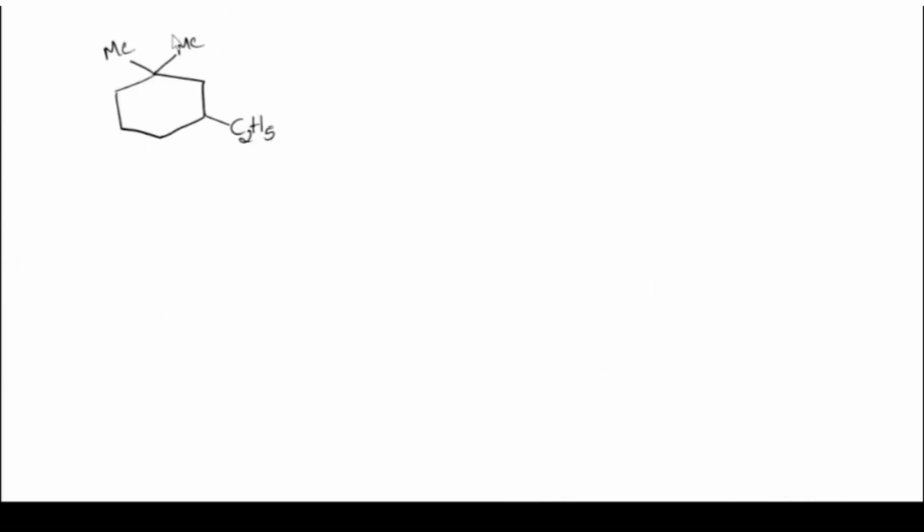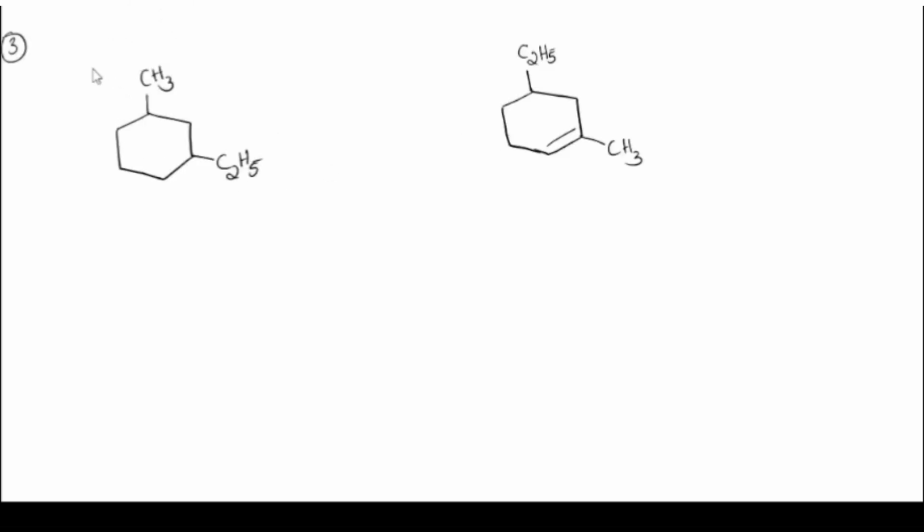Here the third rule tells us that if two different substituents are attached, this is a methyl group which starts with M, correct? Here ethyl is there, which starts with E. Between these two, alphabetical order has to be followed, and we have to number in such a way that the locants get the lowest numbers.